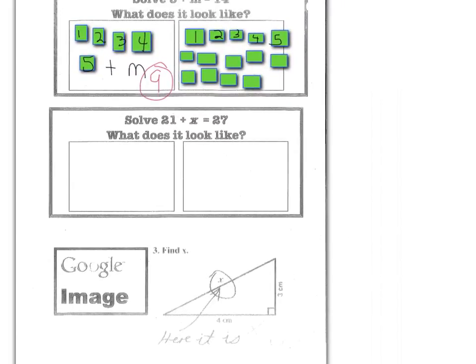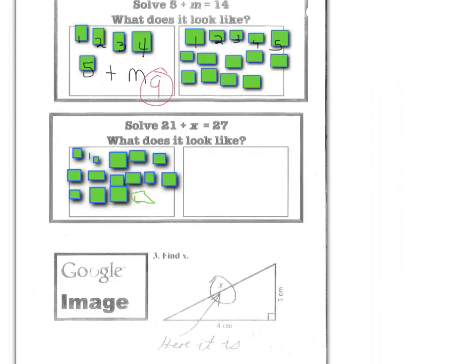Okay, so let's draw it out again. Okay, we're going to have on this side, the left side is 21. Oops, I didn't mean to do a star. Okay, let's try that again with a square to represent my blocks.